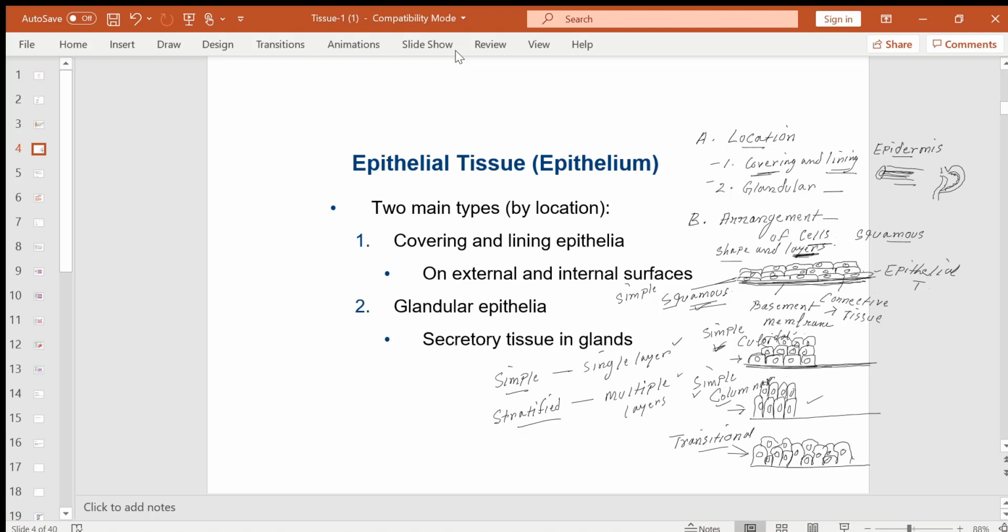There is another type. This is interesting, where you'll see the cells are tall columnar cells. However, the height of these cells is different. Although all these are columnar, right? But the cells have different heights. Some are very tall, some are tall but less. Okay, and nucleus inside.